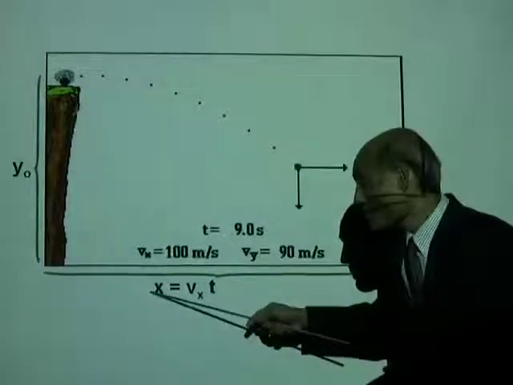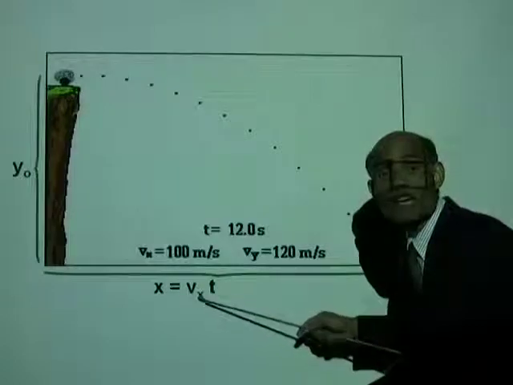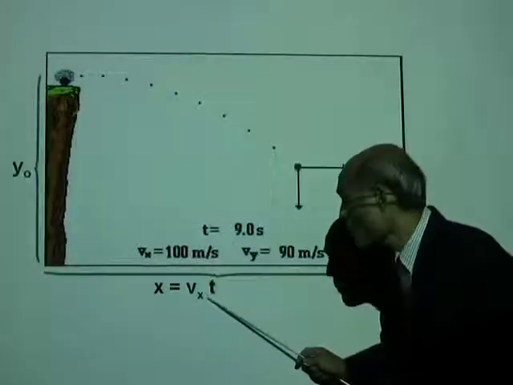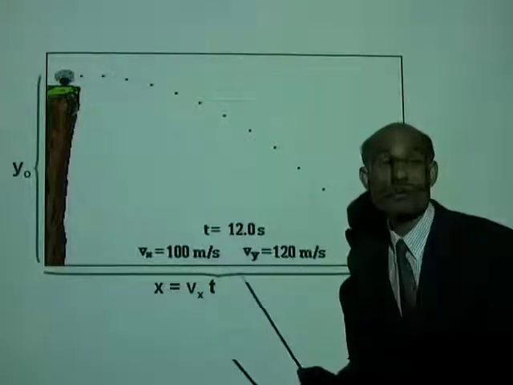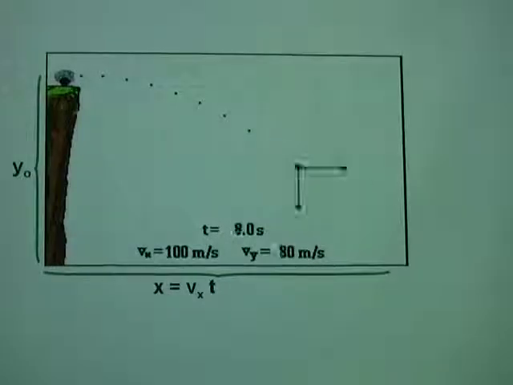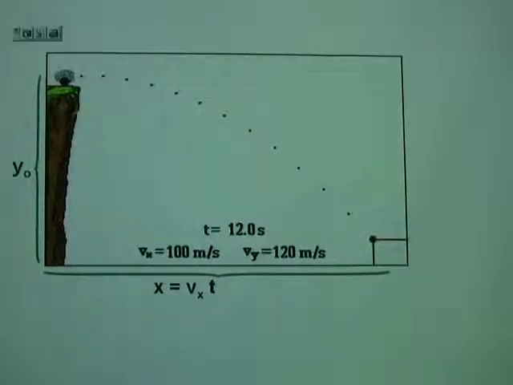Well, horizontal distance is Vx multiplied by that time. So if I write this time as the square root of 2y0 over g, I can say x, the horizontal distance traveled, will be Vx times the square root of 2y0 over g.